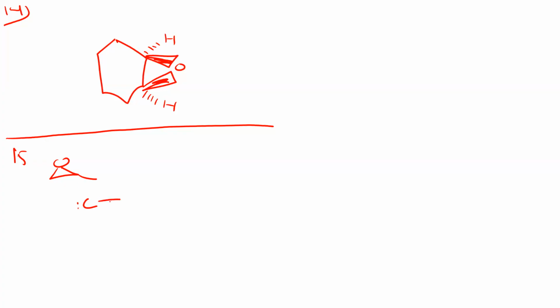So this is another carbon, so it'll come here. That'll be a ring opening. And then it's going to protonate itself. And we'll have this. Oh, let me redraw that.